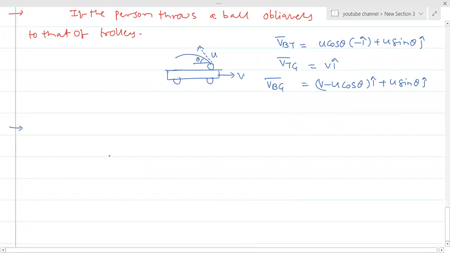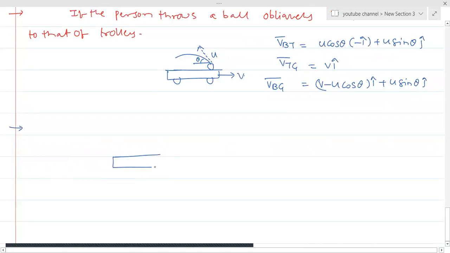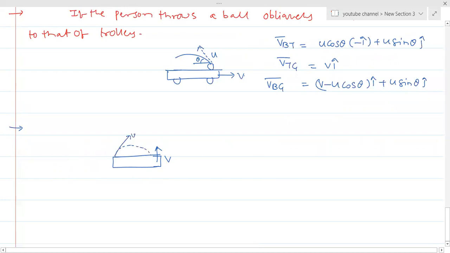Similarly, we will apply the same scenario for the case of a vertical situation also. Suppose we have a truck or a plane that carries the person, moving with a velocity v with respect to ground, and now a body is projected obliquely at an angle theta.